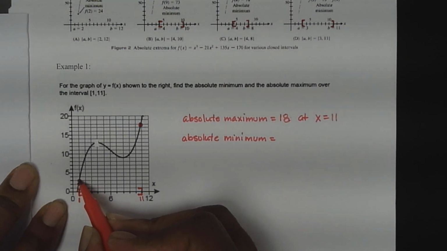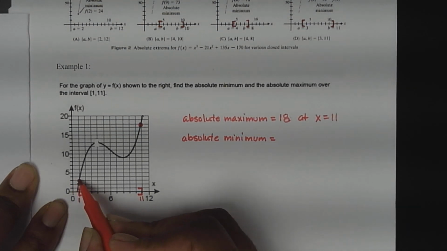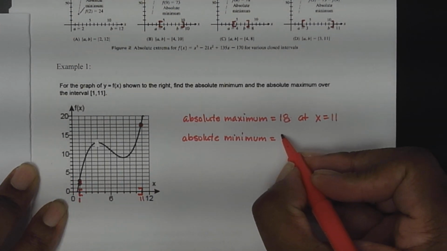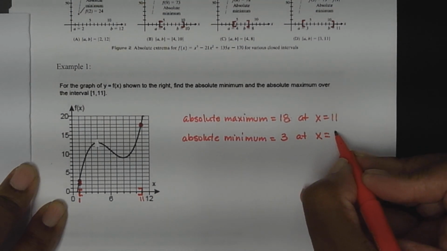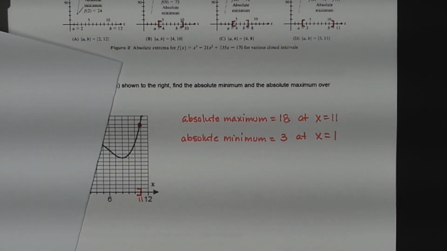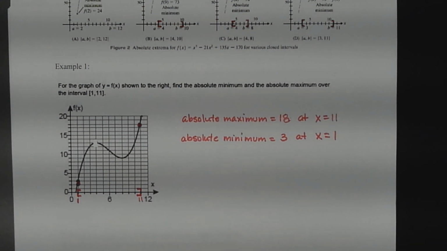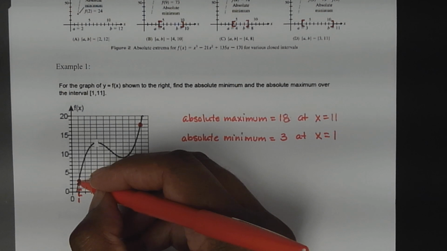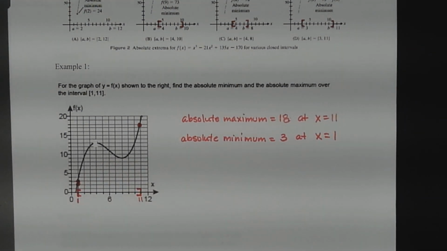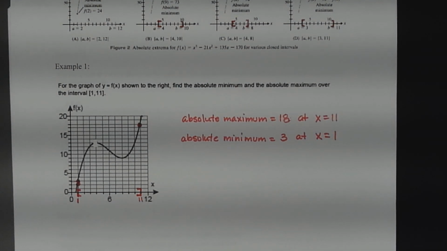So that absolute minimum will be 3, and it occurs at x equal to 1. I know it's a little bit hard to see here, but the graph at 1 is going to be 3. So that's the absolute minimum.